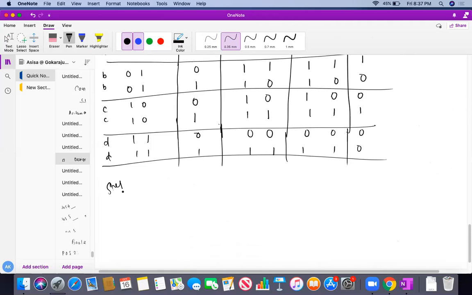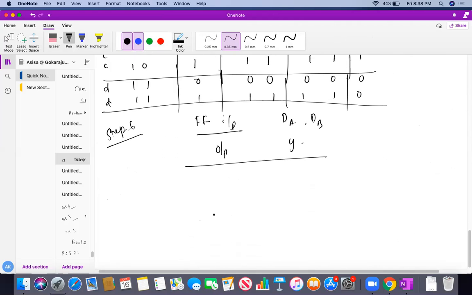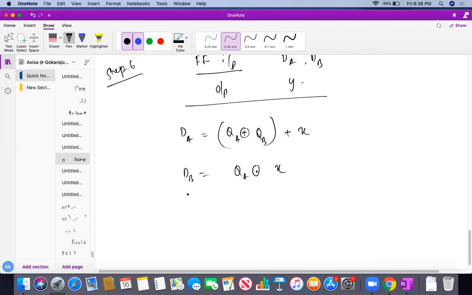Finally, what is step 6? Step 6 is you have to simplify to get the input functions, which are nothing else but my DA, DB and the output of the circuit Y. You have to use the K-map to find them. You know that you can have only 3-variable K-maps. I'm not doing it. So you will get DA as, let's say I'm just writing, you do it yourself, QB XOR QA XOR X, and DB you will get like this, QA XNOR X, and finally Y you will get like this, QB X plus QA QB bar X, by simplifying the 3-variable K-map.